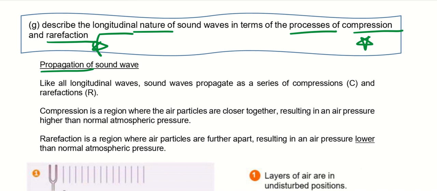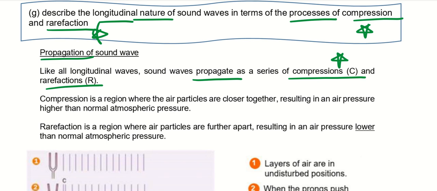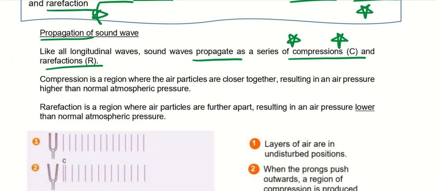Like all longitudinal waves, sound waves propagate as a series of compressions and rarefactions. These are keywords that you need to put in when they ask for explanations of what sound waves are. Very important keywords: compression and rarefaction. Now, compression is a region where the air particles are closer together.